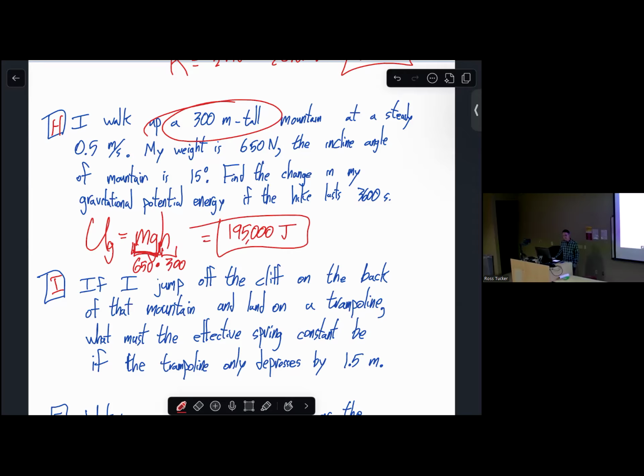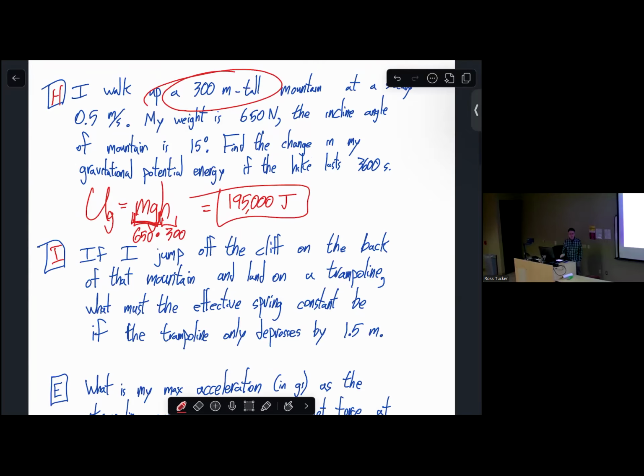Again, if you are given weight, you cannot plug in weight for m. Weight is not m. Weight is W. Mass, weight. Do not flip those two. And then you don't need to find mass and then multiply back again to get m times g times h. It's not wrong if you do, it's just silly.